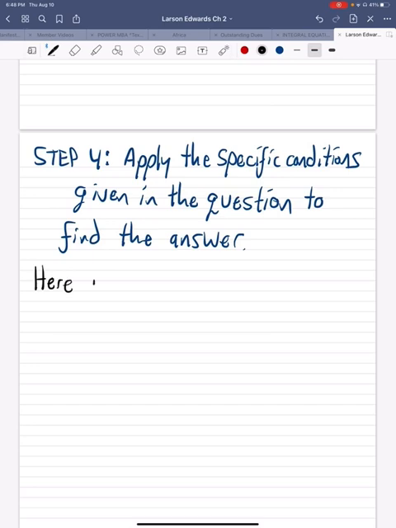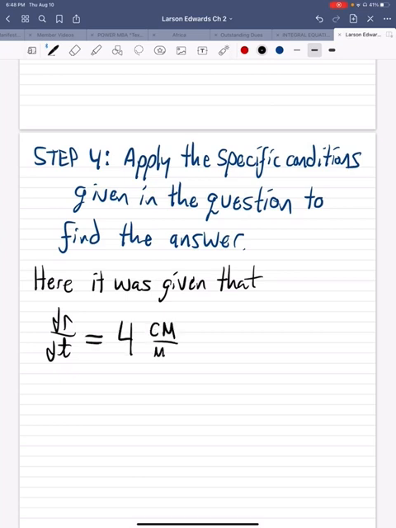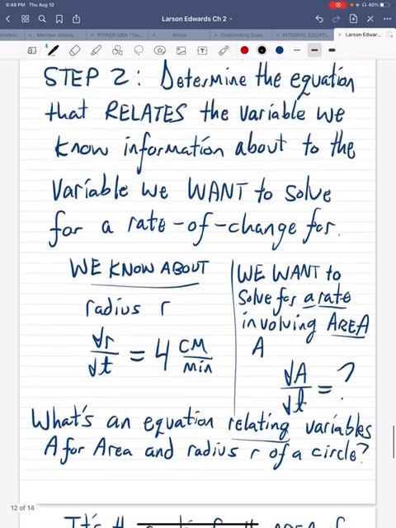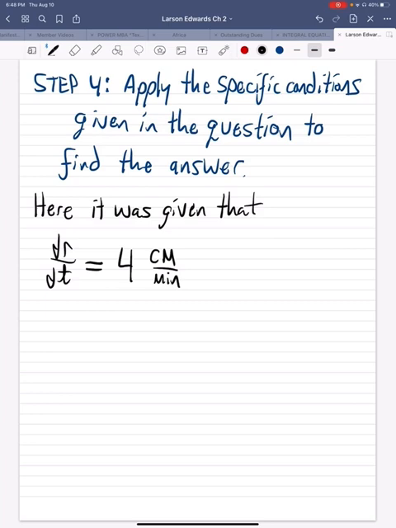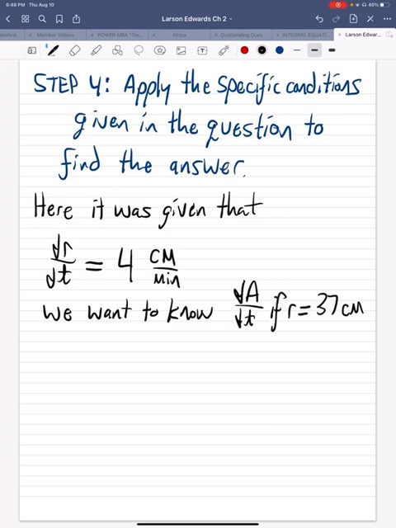Well, here it was given that, remember, dr dt is equal to 4 centimeters per minute. And we want to know dA dt if r is equal to 37 centimeters.